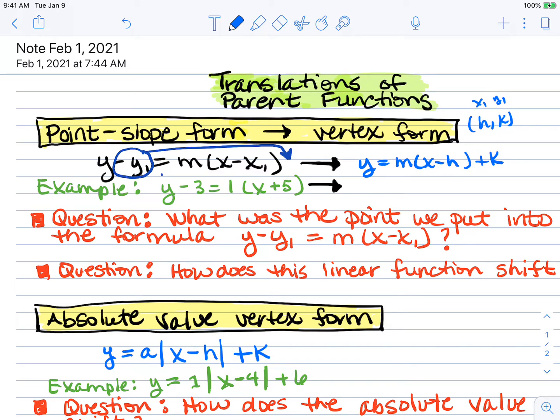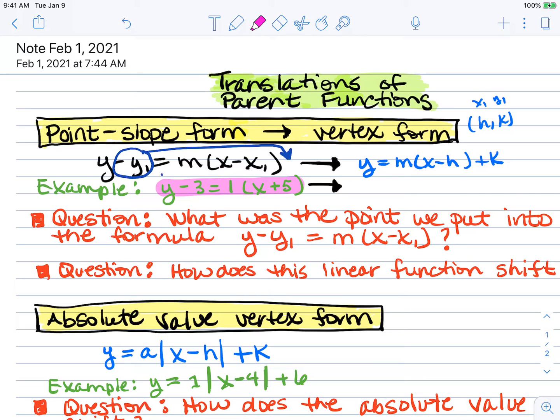Okay. So if I wanted to do the same thing to this example, I'm going to move that -3 to the other side. And when I move it, it's going to become positive.